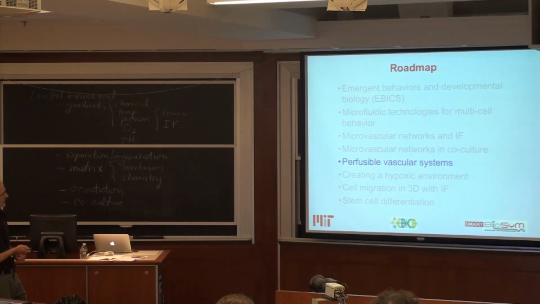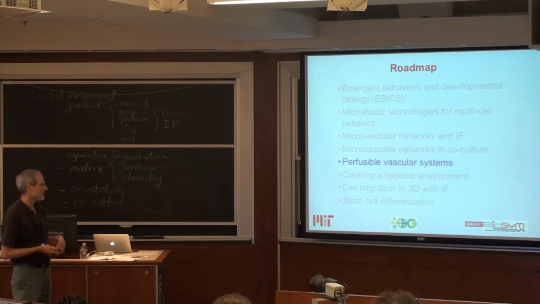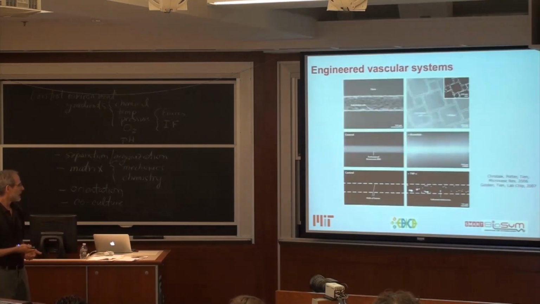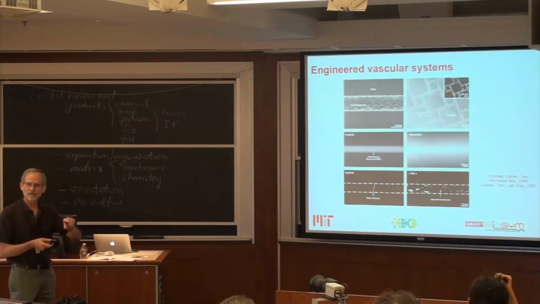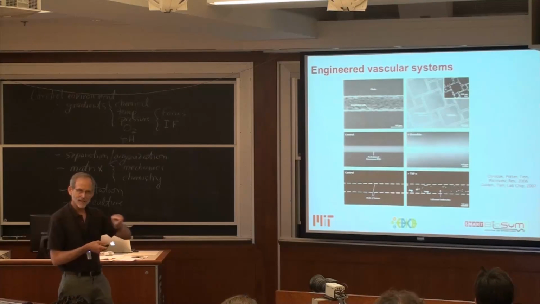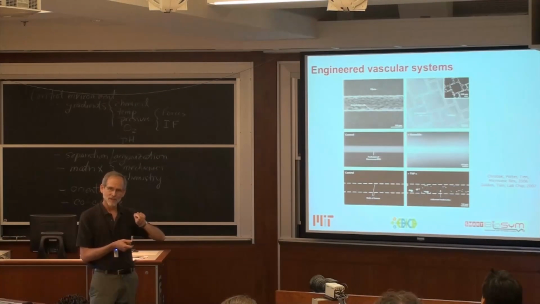What we're interested ultimately in being able to do is develop these systems that can actually be perfusable. Some work from Joe Tien's lab over at Boston University, they've actually engineered these vessels. What they do is they take a block of gel and they cast in that gel channels, which they can then seed with endothelial cells.